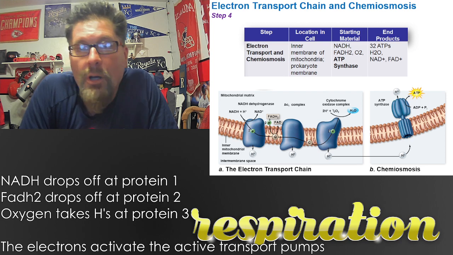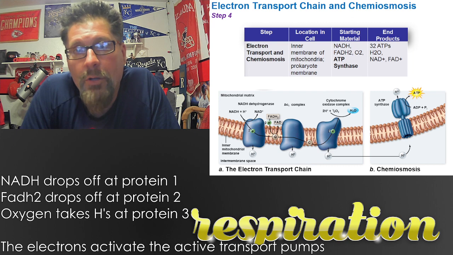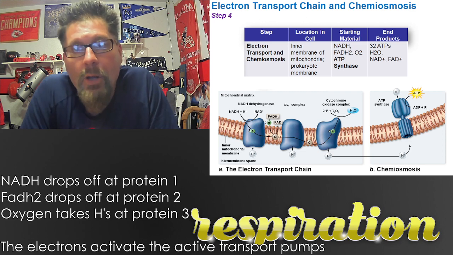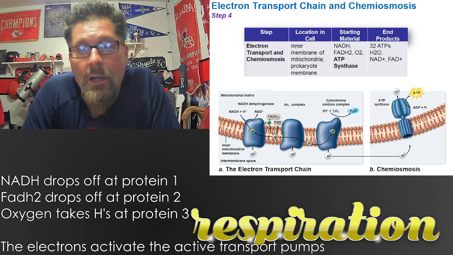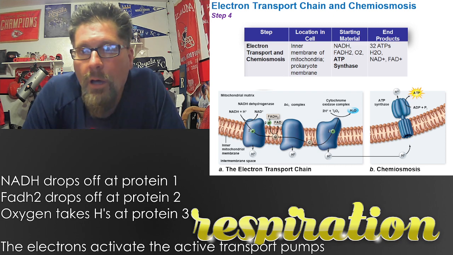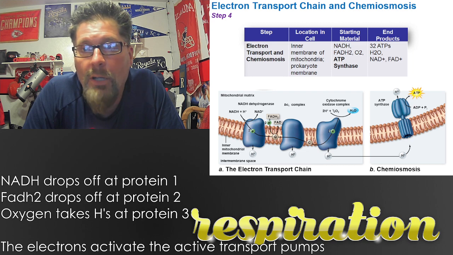The difference in this location is that some of our end products are those electron carriers, because when they become oxidized, they're listed in the end products. They no longer have the H's, but they're end products nonetheless.